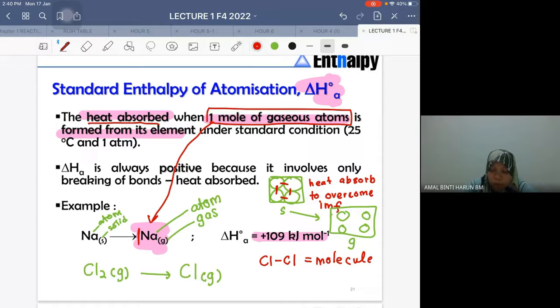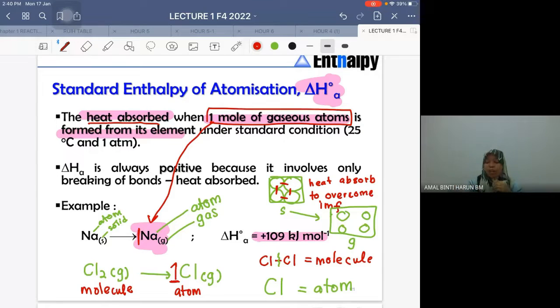So, energy is used to absorb. Energy absorb to overcome the bond. So, kita dapat klorin atom. Okay, sekarang dapat tak atom? 1 mole. Nanti keliru. Ni, 1 mole klorin atom. Ni, molekul. Okay.